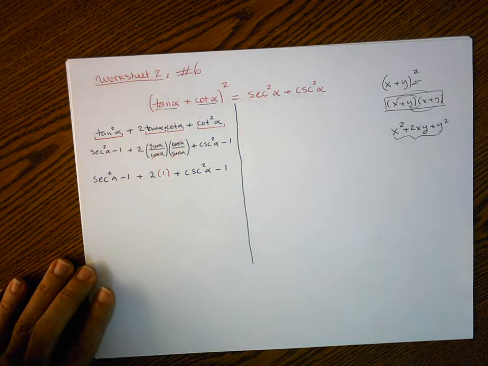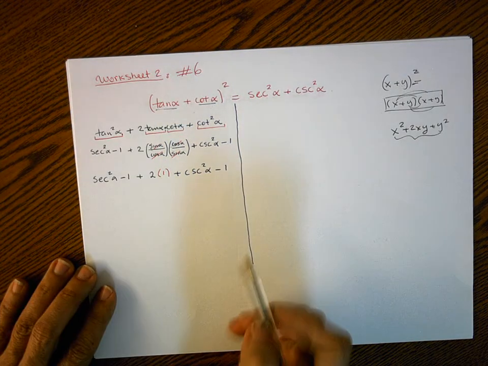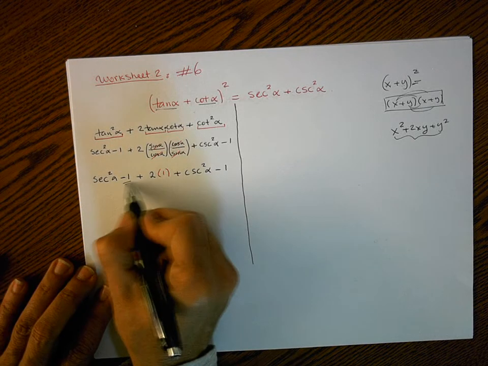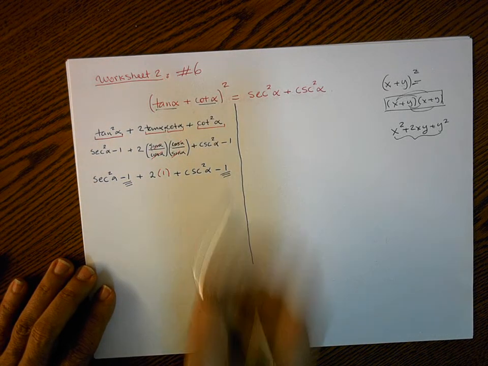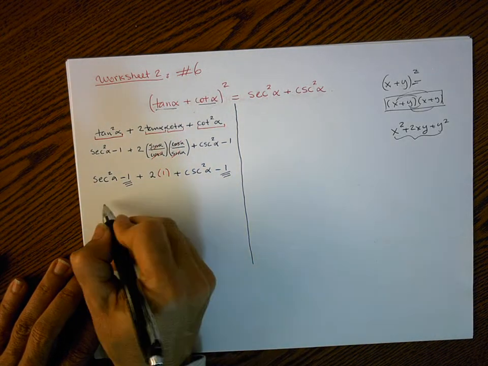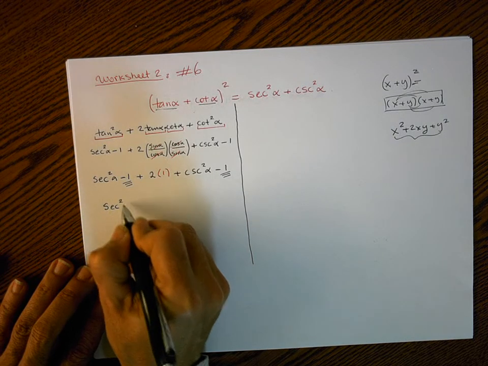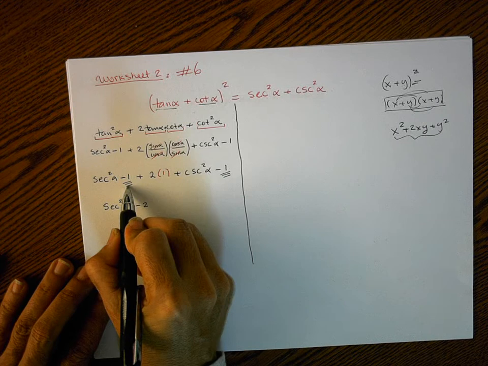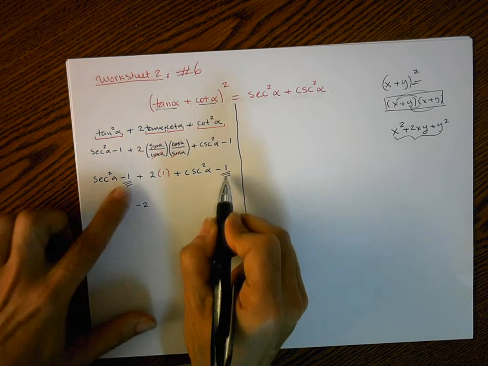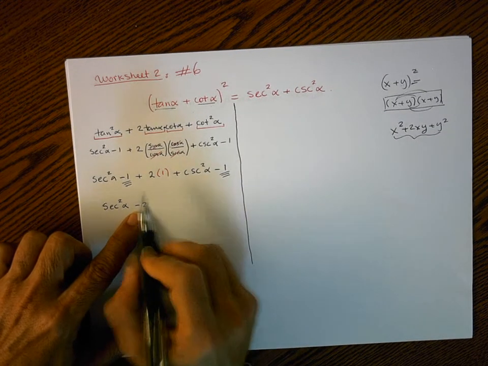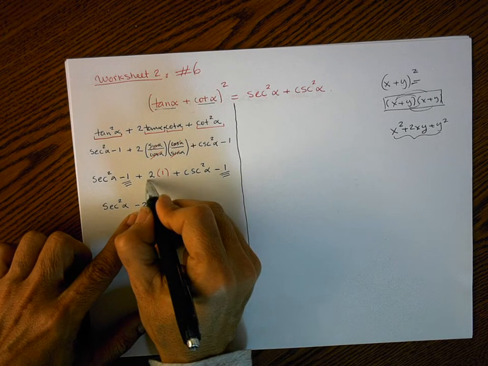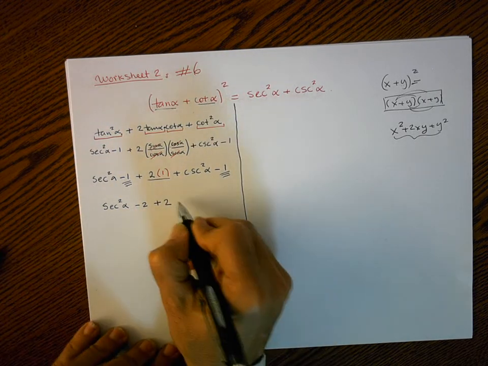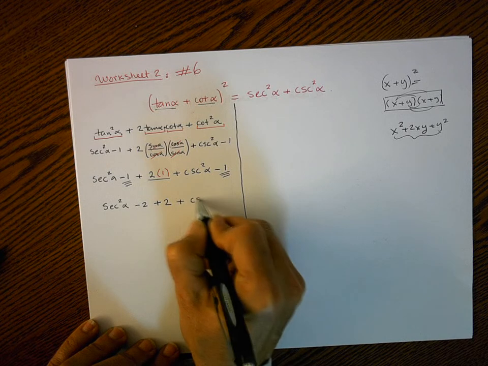Now let's see if I can combine like terms here. I have this negative 1 right here and this negative 1 right here. So I'm going to have the secant squared of alpha minus 2 because I'm combining the negative 1 with the negative 1 to become the negative 2. But I still have this plus 1 right here, plus 2 right there, and then I still have my plus cosecant squared of alpha.